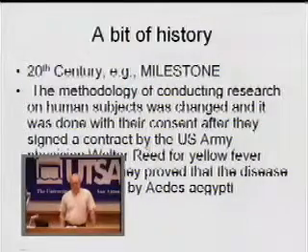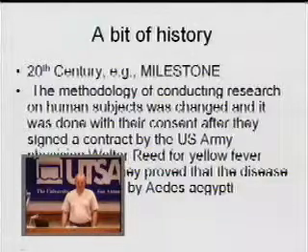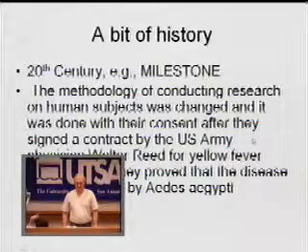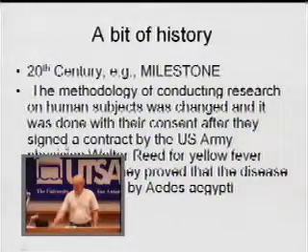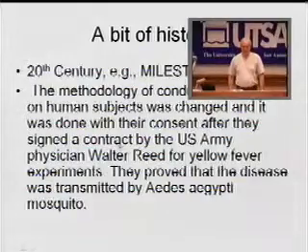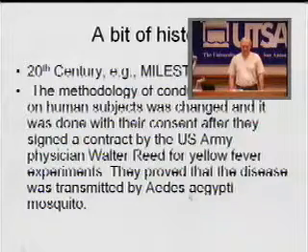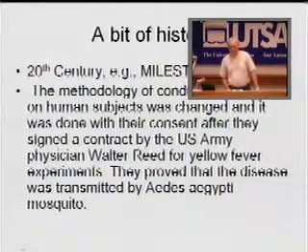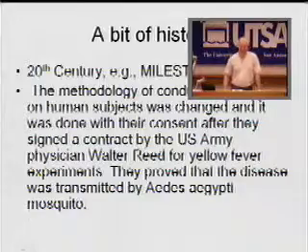Another milestone in the 20th century, the methodology of conducting research on human subjects was changed, and it was done with their consent as a standard after they signed a contract with the U.S. Army physician Walter Reed for yellow fever experiments. They proved that the disease, of course, was transmitted by a mosquito, and I'm going to try to pronounce that.